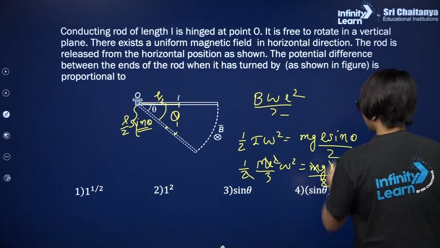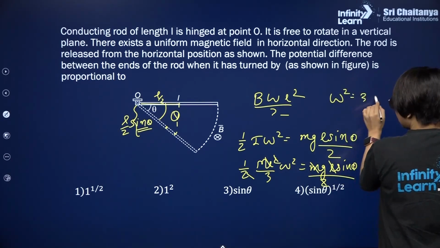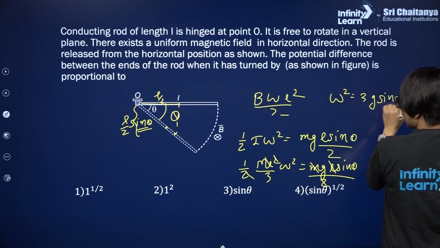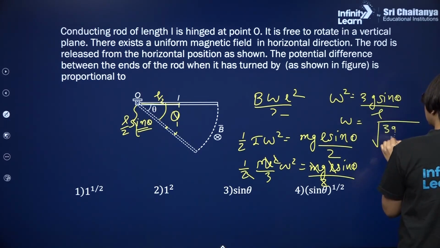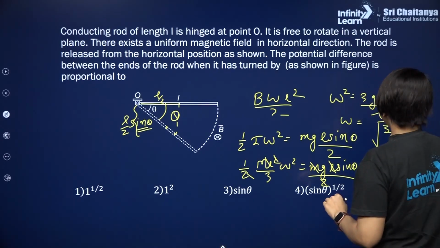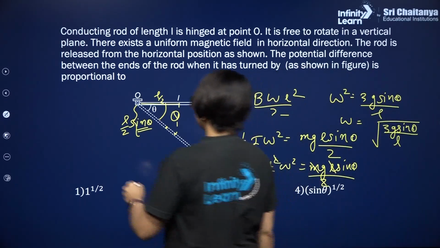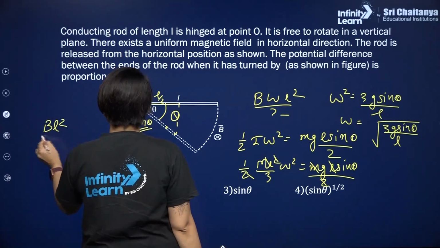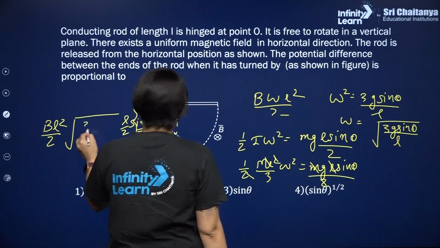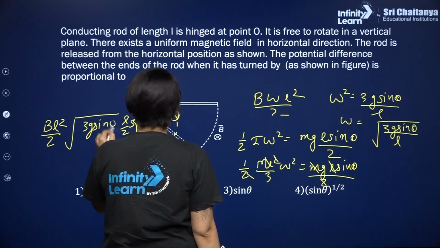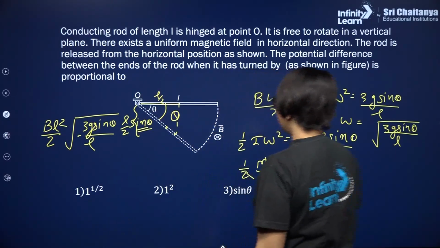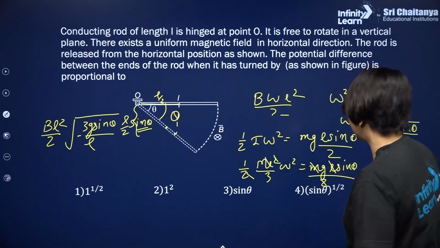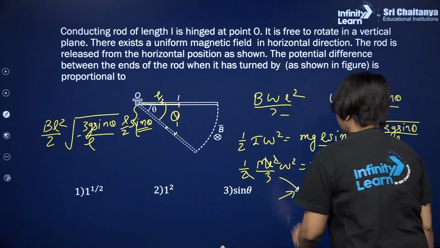So we have omega square as 3g sine theta divided by L. So omega is under root 3g sine theta divided by L. So potential difference over here will be B L square by 2 under root 3g sine theta divided by L. So you can see that it is directly proportional to L to the power 3 by 2 and directly proportional to under root sine theta, which is option 4.